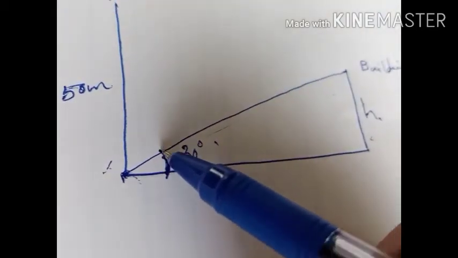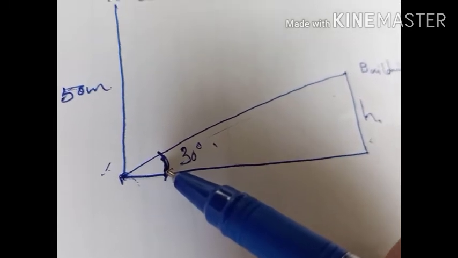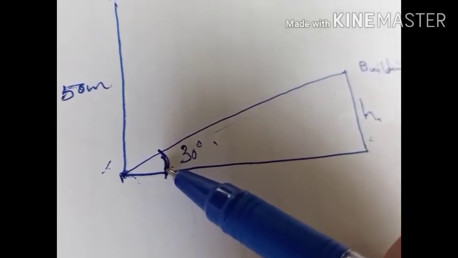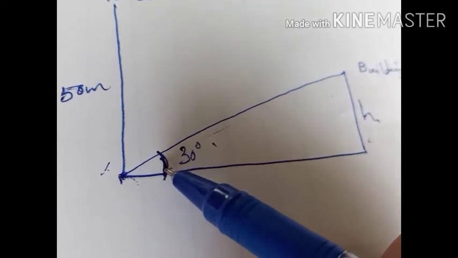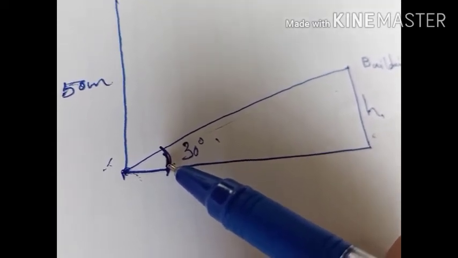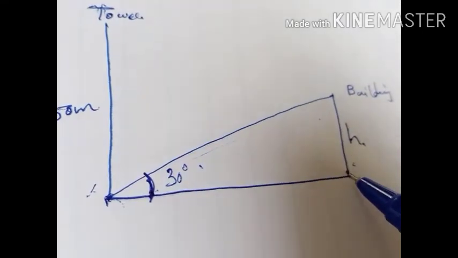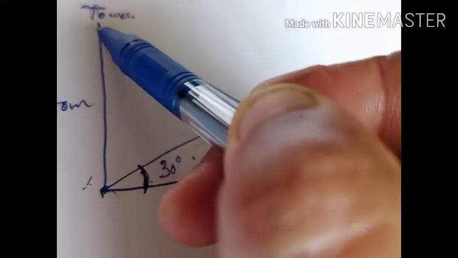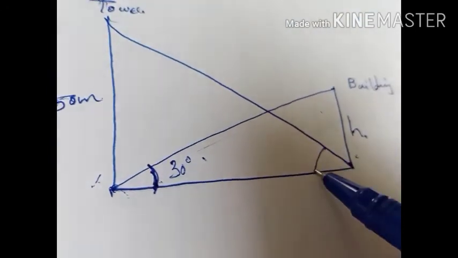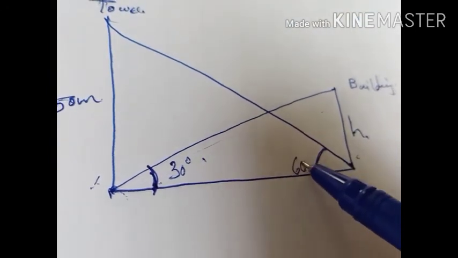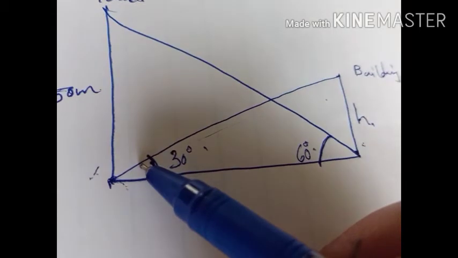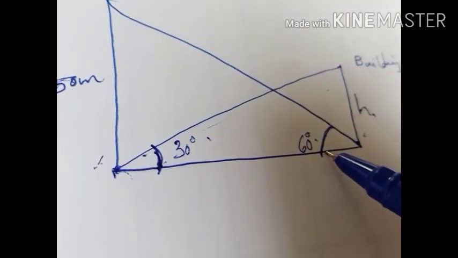So this angle is 30 degree. The next part is angle of elevation of top of the tower from the foot of the building is 60 degree. From the foot of the building to the top of the tower, this angle of elevation is 60 degree. This is 30 degree and this is 60 degree.